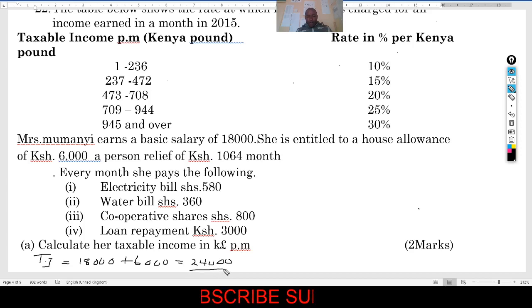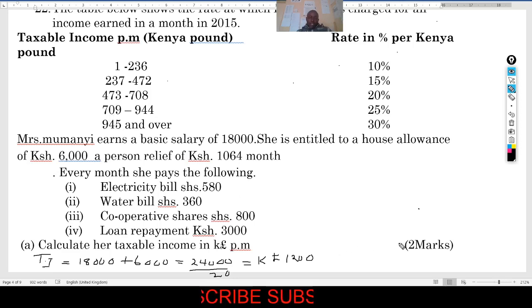We divide by 20 to get it in Kenyan pounds, 1,200 Kenyan pounds.